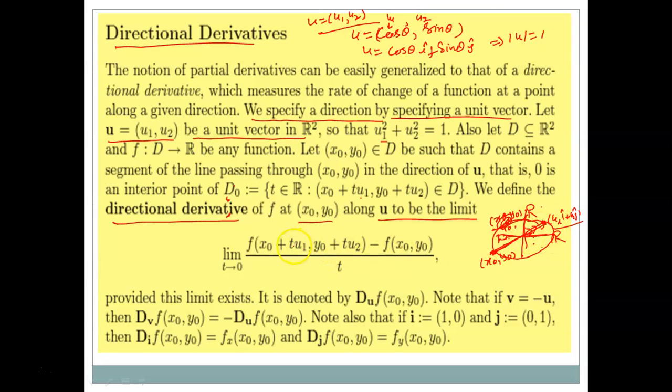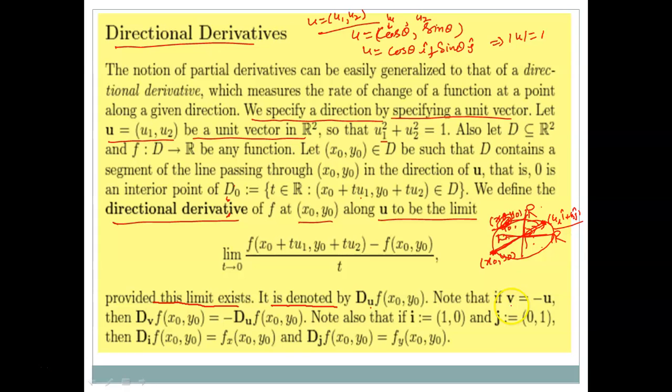That is why we are adding this t to both components, x0 plus tu1 and y0 plus tu2, provided these limits exist. So this is denoted by D_u f at x0, y0.